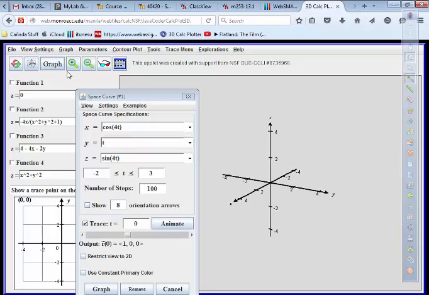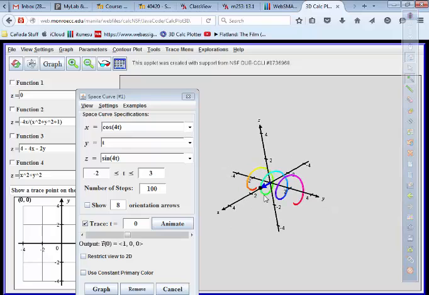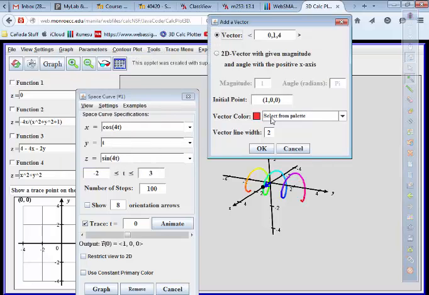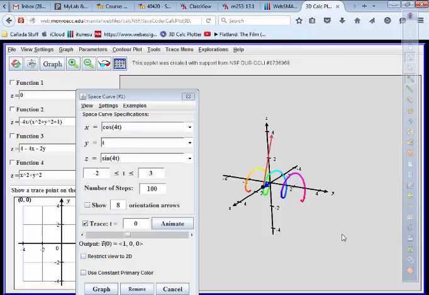All right. So that first vector is actually tangent. Let's add another vector.